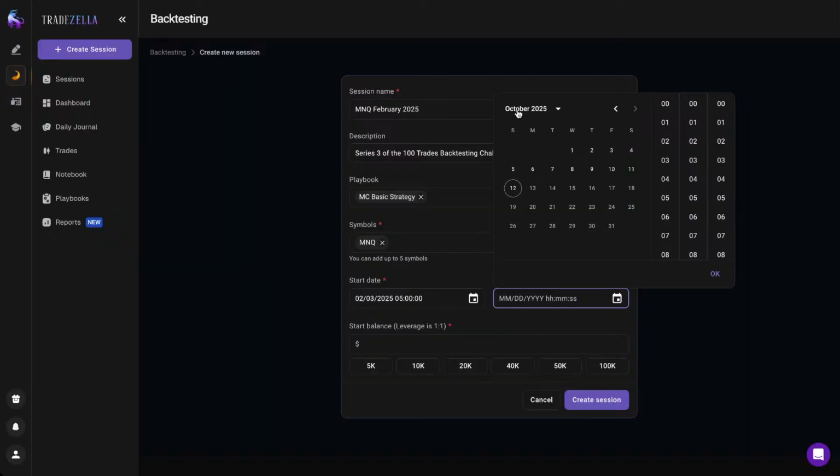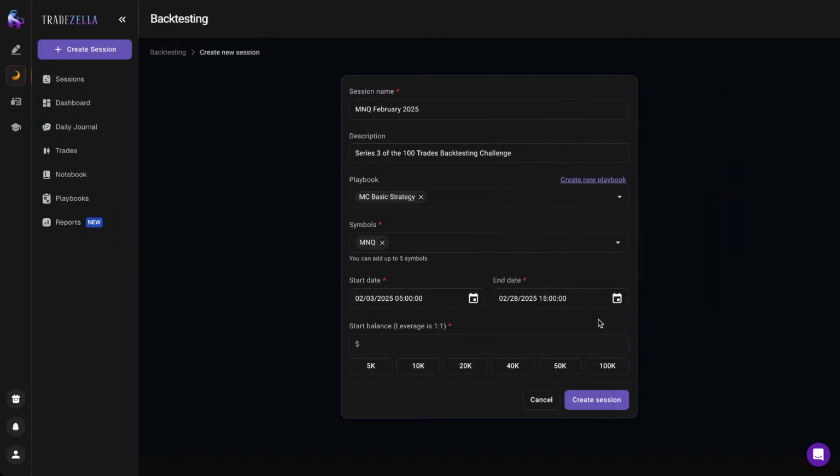Oh, wait, oops. 2025, February, Friday. Markets close at 3 p.m., so that'd be 1500. Boom. Starting balance. We're just keeping it consistent with the other two.